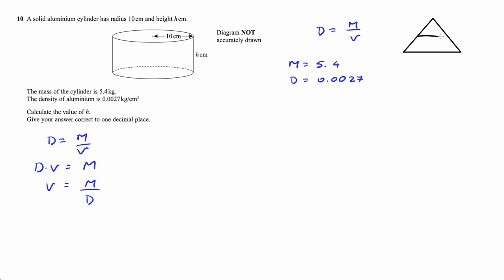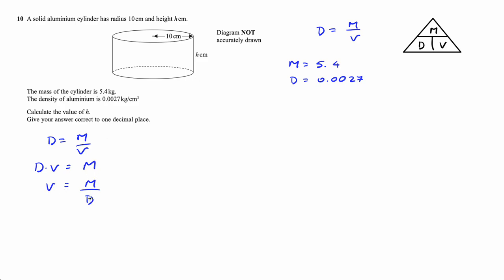I often don't love using the triangle, because I like people to be able to rearrange, but it is mass, density, and volume. Mass equals density times volume. Density is mass over volume, and volume is mass over density. If you want to learn that triangle, fine.